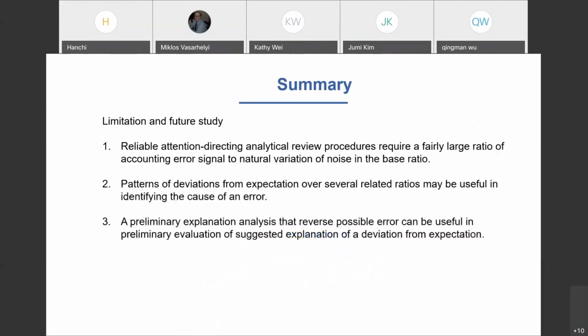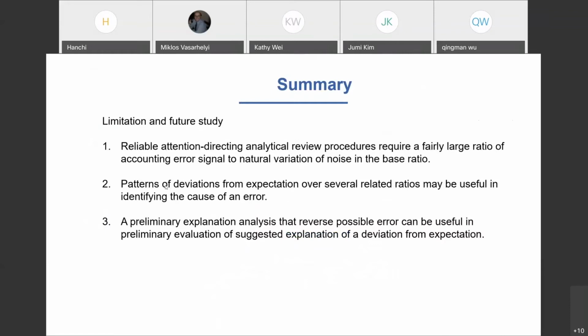Okay. Finally, we will give a summary of the limitations and future study of this paper. The reliable attention directing and analytical review procedures require a fairly large ratio of accounting error signal so we can get rid of the natural variation or noise.